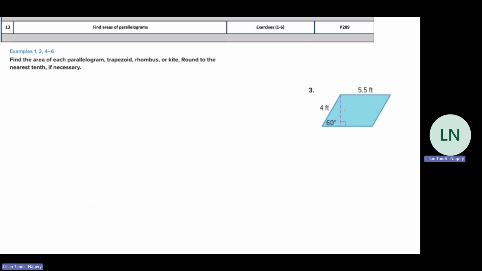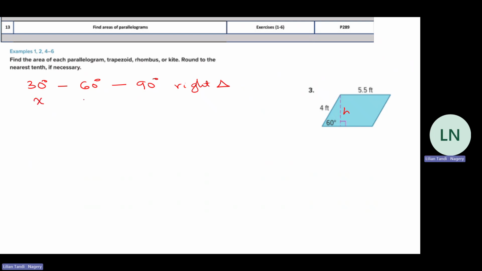Okay, what do I notice here? I notice here that I don't have the height. I also notice that I have a right triangle that is a special right triangle, which is a 30, 60, 90 triangle. Because it is a 30, 60, 90 right triangle, I am going to use the rule.